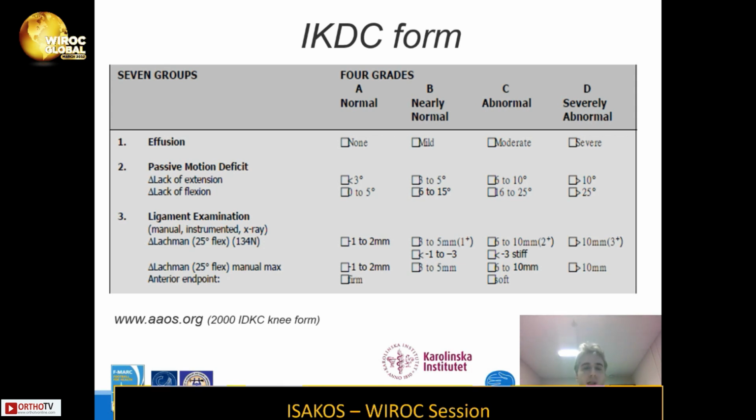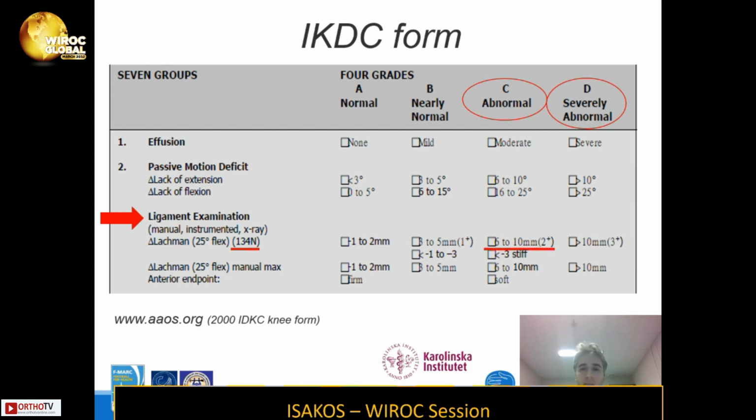If we look at the IKDC form, in particular the ligament examination form, we can see that if we measure the laxity instrumentally with 134 Newton of anterior tibial displacement, we can classify laxity in 4 grades, with the abnormal grade being a side-to-side difference between 6 and 10 millimeters, which corresponds to a Lachman 2+.